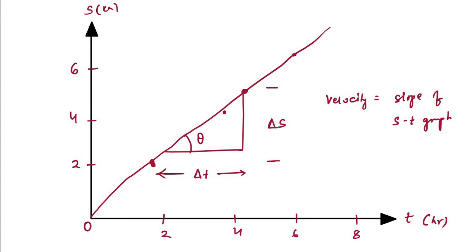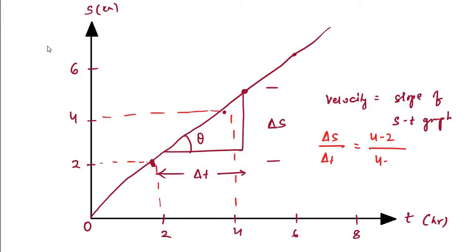So if we try to calculate it, at 4 it is 4, at 2 it is 2, same thing. Delta s by delta t is equal to how much? Final minus initial, that is 4 minus 2 by 4 minus 2, which is 2 by 2, 1 kilometer per hour.